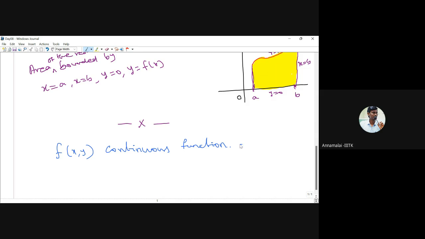So f is a continuous function defined over a bounded region, because if the region is unbounded, we cannot find the area or volume of anything. So it should be a bounded region in the xy plane.